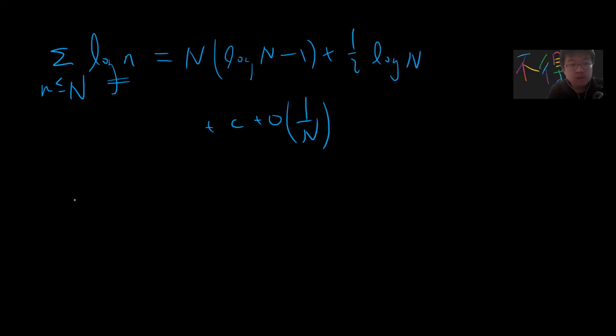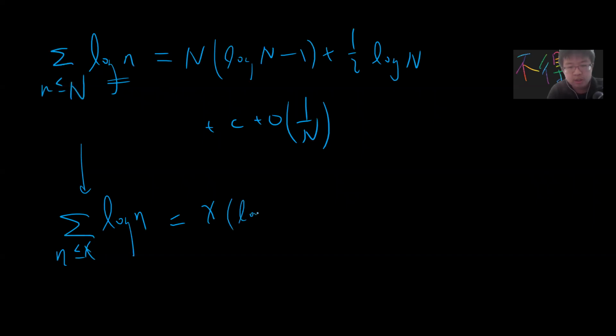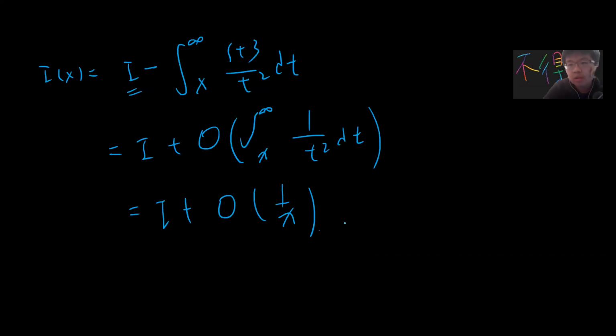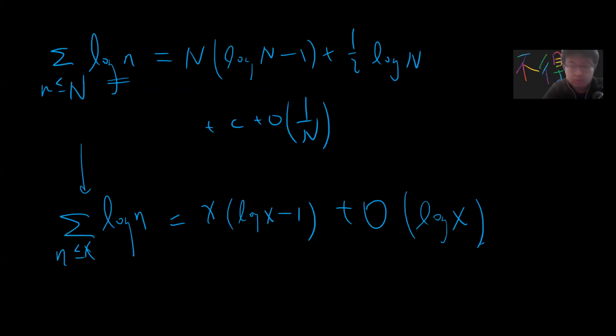One can also prove this as a corollary: take log n, so basically x log x minus x, and then you just bound this. It can be proved easily because you just take this and it becomes x, and the remaining part is bounded by the big O.